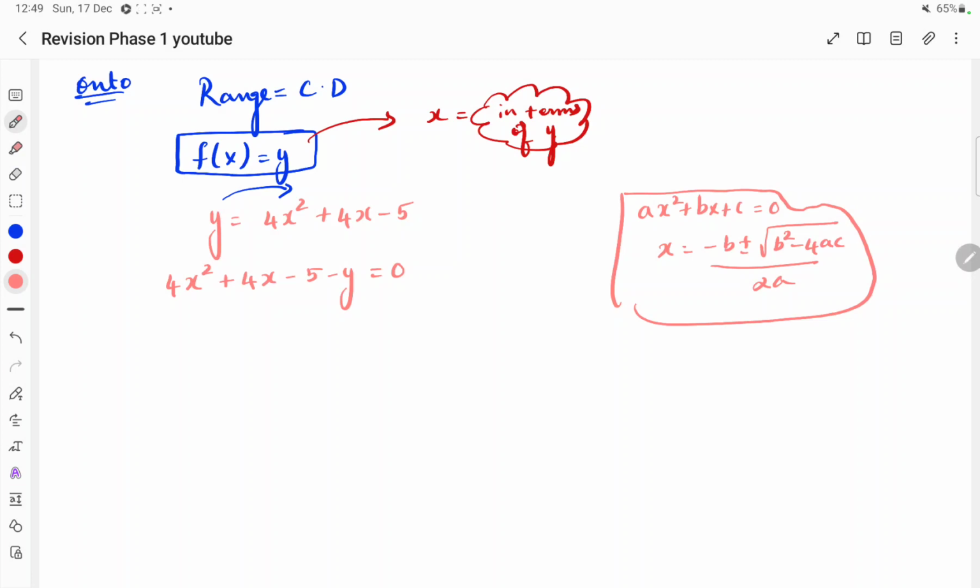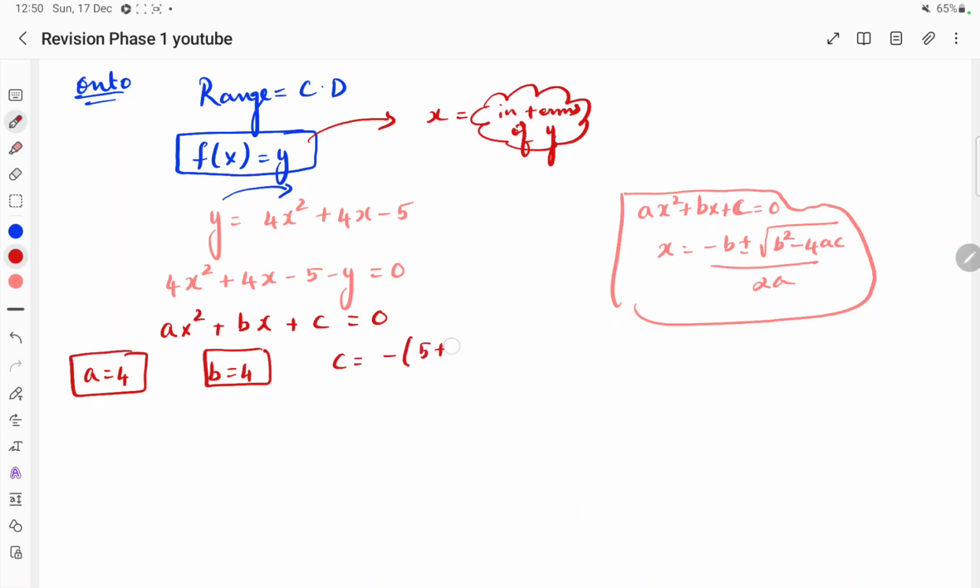Now you have to consider y as some constant in the c part. We compare this with ax square plus bx plus c. After comparing, a will be equal to 4, b is also 4, and c is minus 5 minus y, which means minus of 5 plus y.